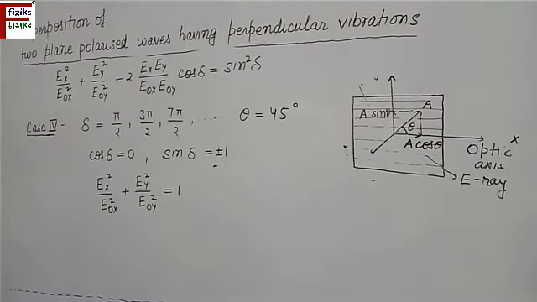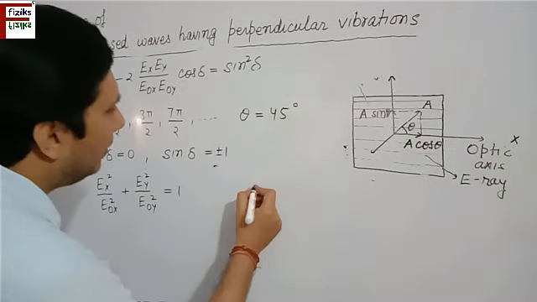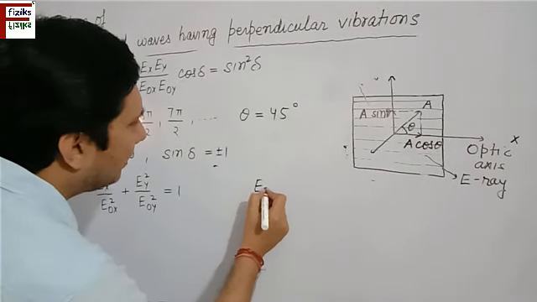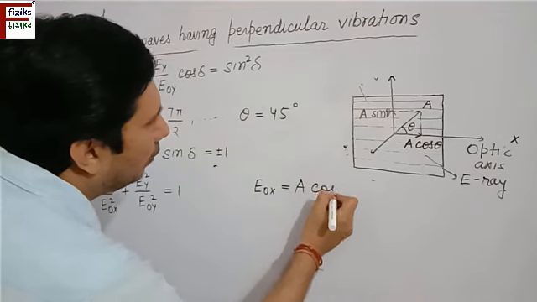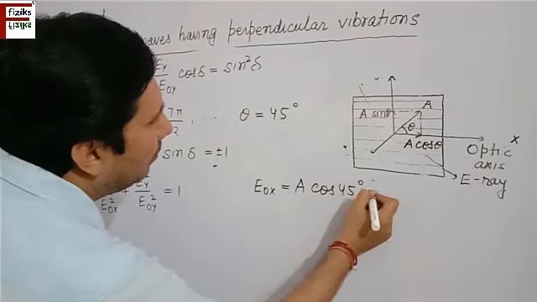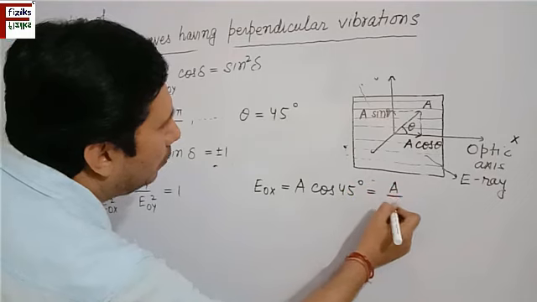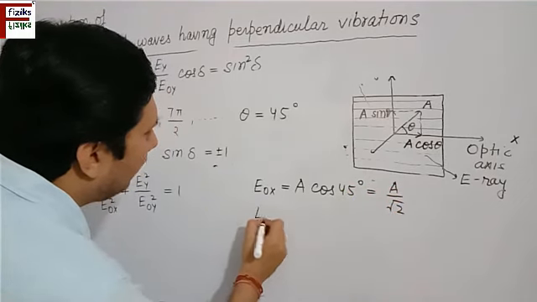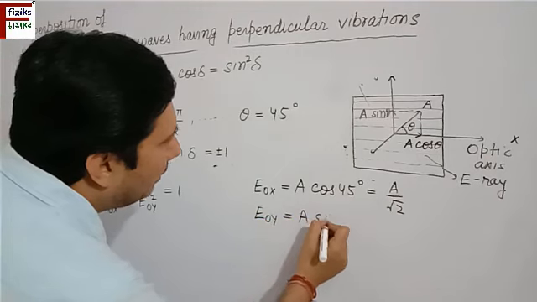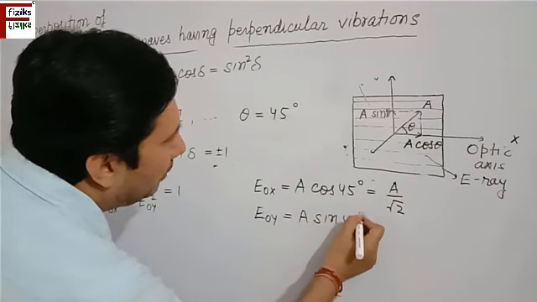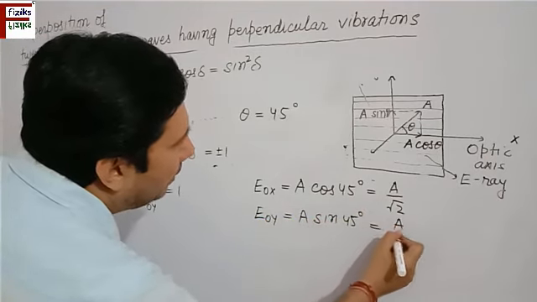But now because theta is 45 degrees, E naught x, which was A cos 45 degree, will be A by root 2, and E naught y, which was A sin 45, will also be A by root 2.